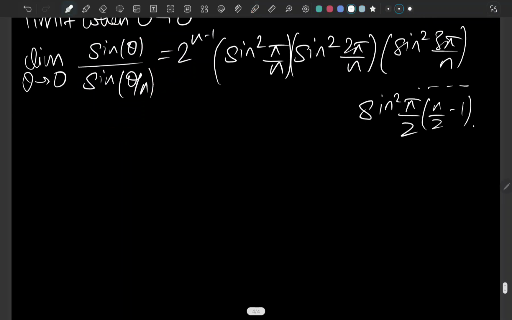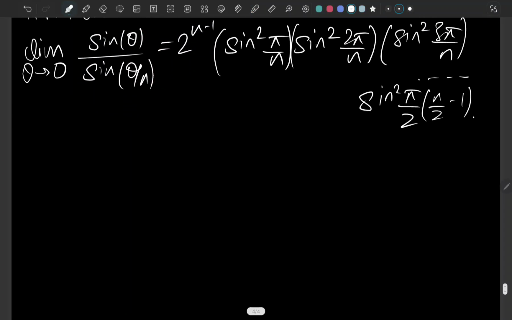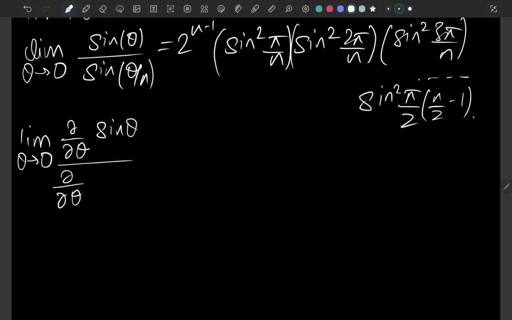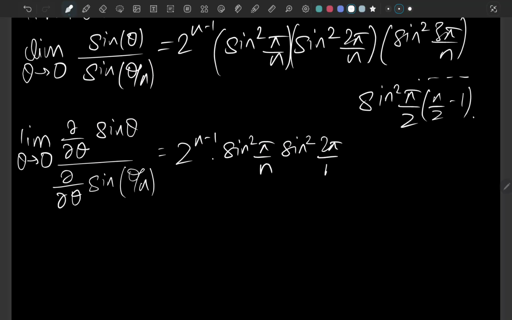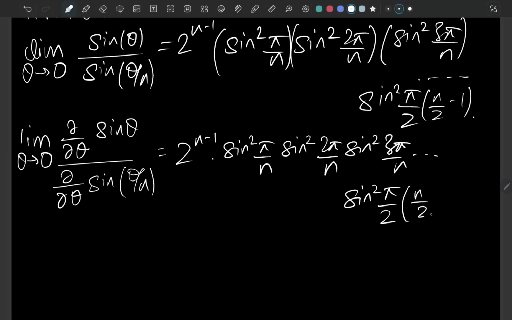Okay, so now because this is a 0 by 0 form, we just have to consider L'Hopital's rule, which says take the derivative of the numerator and the denominator. So basically it's limit theta tends to 0, taking the derivative with respect to theta, over del over del theta of sine of theta over n, and we are having something very fascinating on the right hand side: 2 to the n minus 1, and sine squared pi over n times sine squared 2 pi over n times sine squared 3 pi over n, going up to sine squared of n over 2 minus 1 times pi over n.